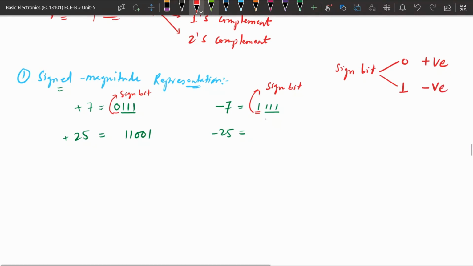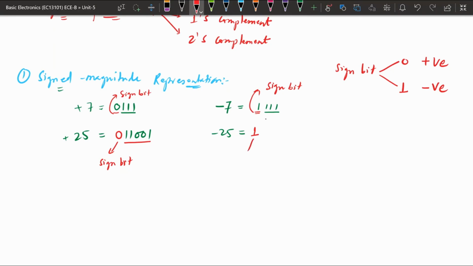Similarly, 25 can be represented by 5 bits. It requires 5 bits to represent 25. To represent 25 in signed magnitude, we require one extra bit. So the extra bit here is 0, that will be your sign bit. If the sign bit is 0, it is a positive number, and if we want to make it negative, -25, we need to make it 1.